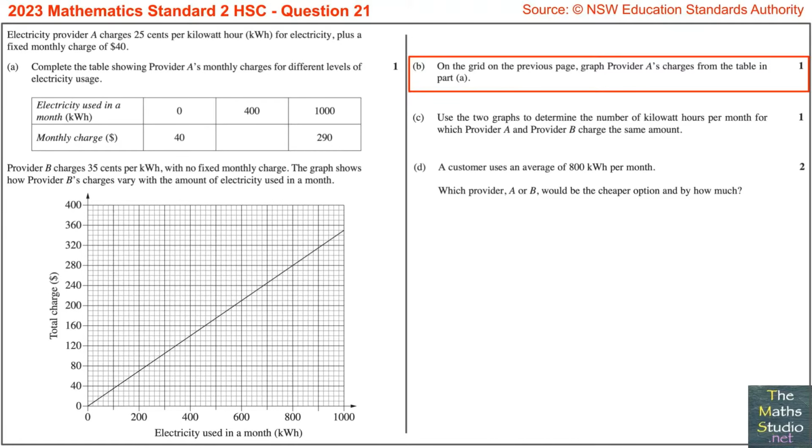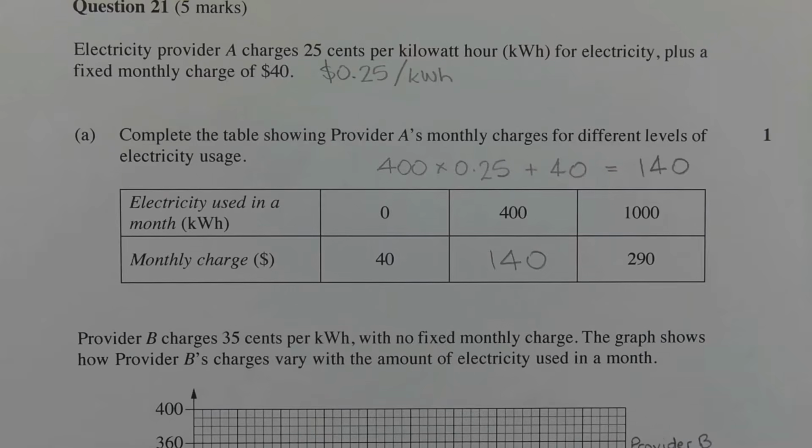Part B. On the grid on the previous page, graph provider A's charges from the table in Part A. To graph provider A's charges on the grid, we treat the columns in this table of values as coordinates. So the first row represents the x coordinates and the second row represents the corresponding y coordinates.